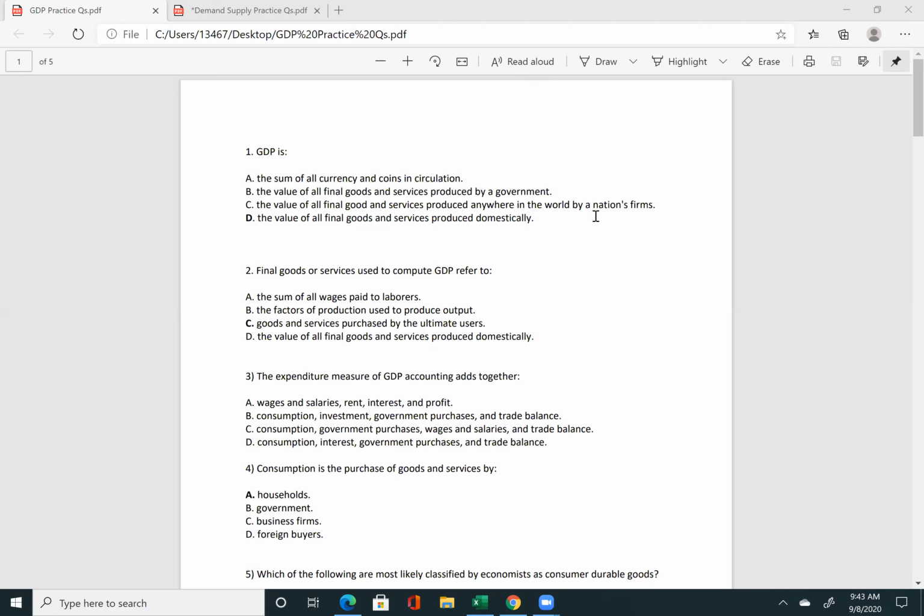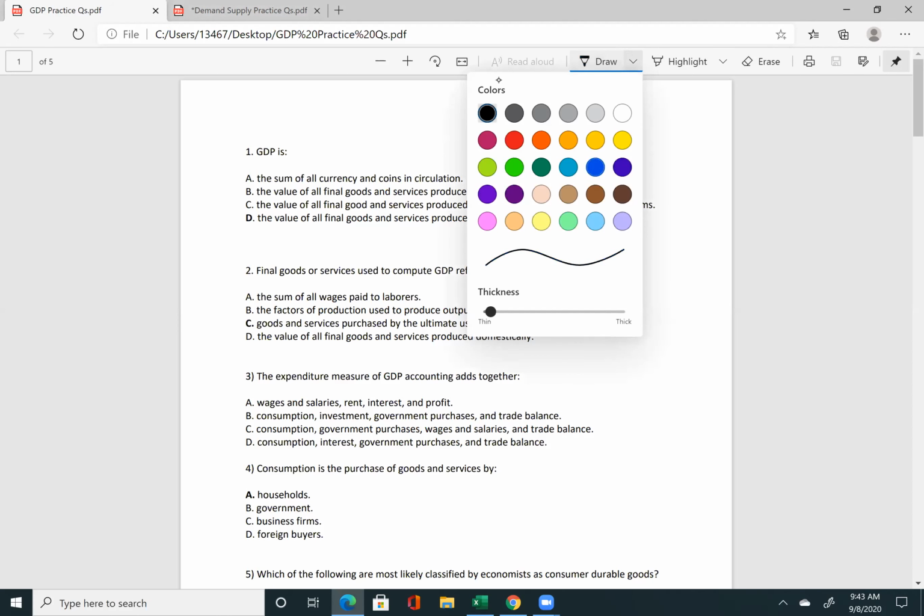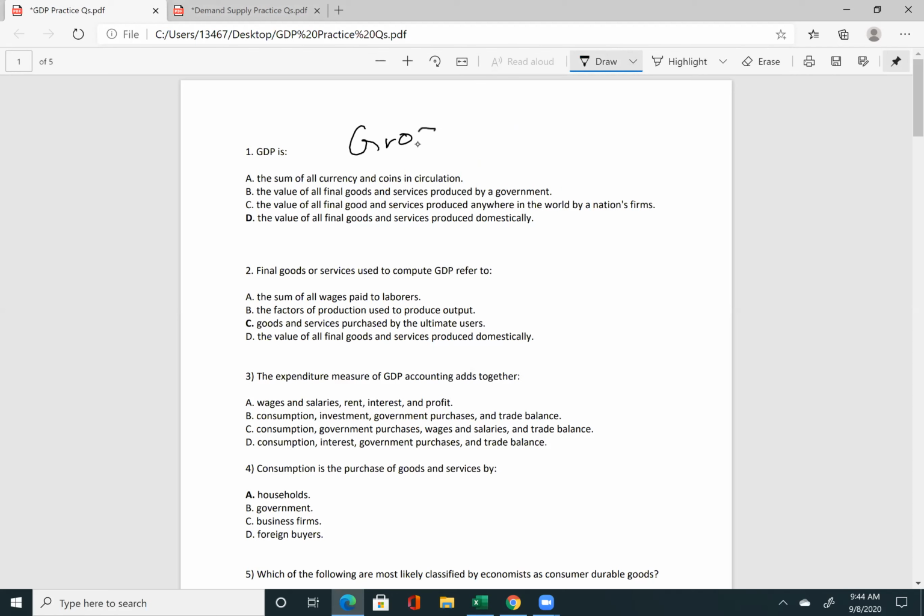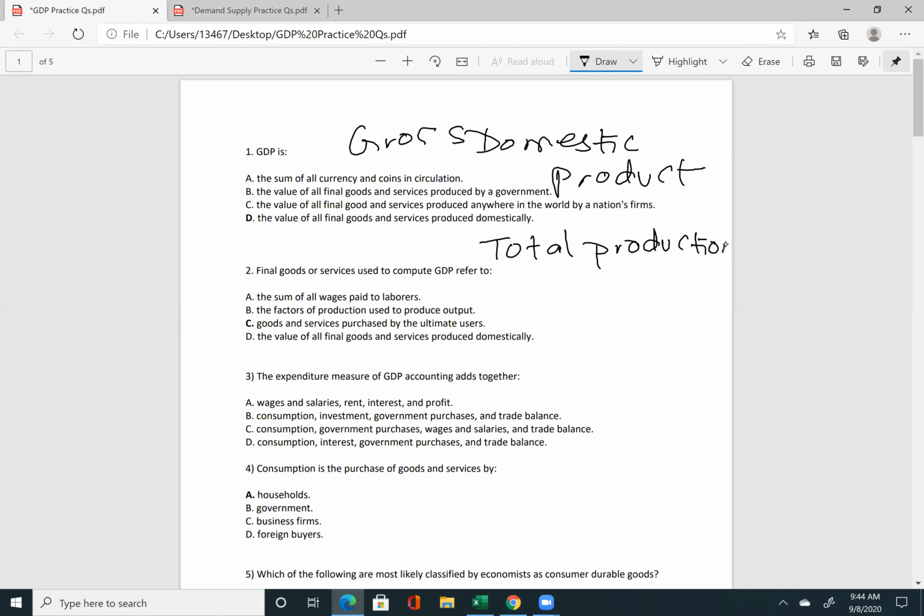Sure. All right, what is GDP here? GDP stands for gross domestic product. This GDP means the total production in an economy, and this also means the total income in an economy.